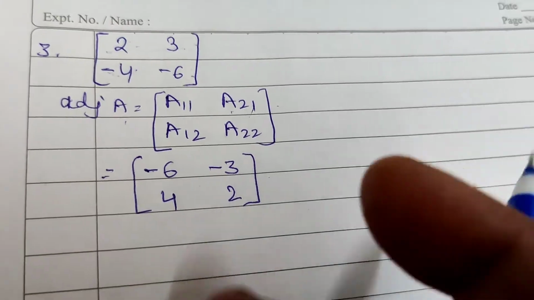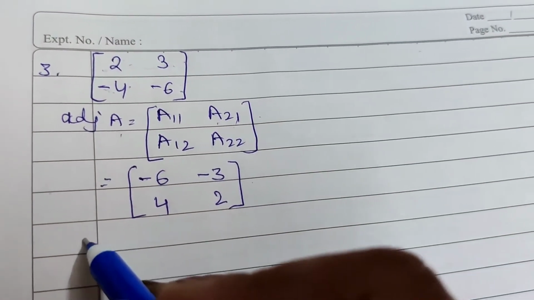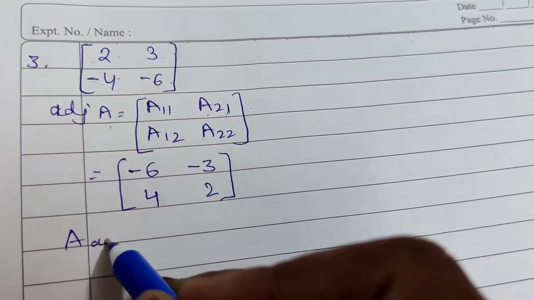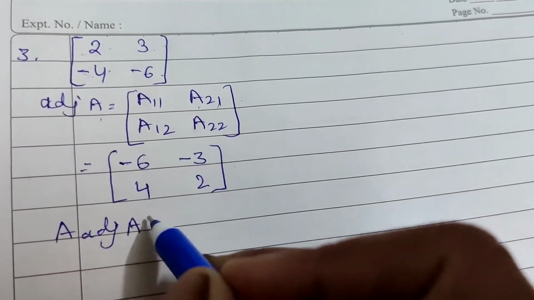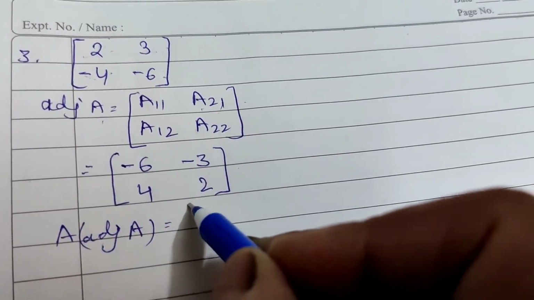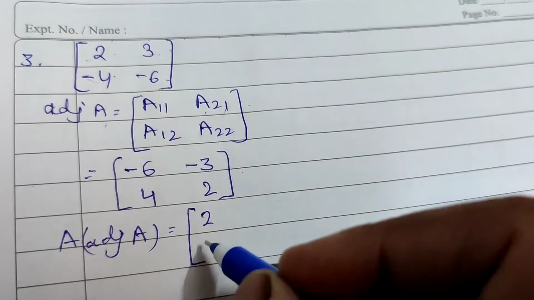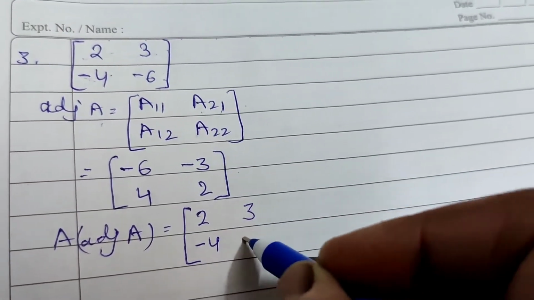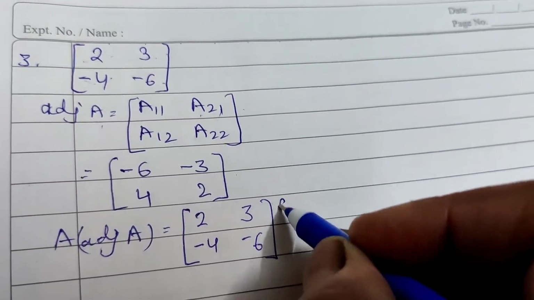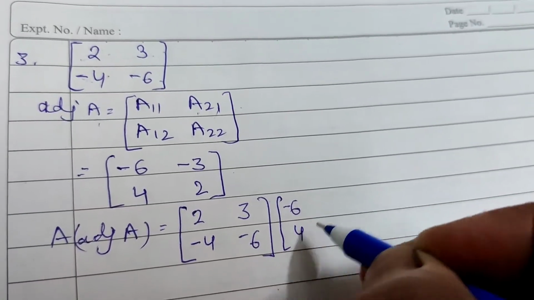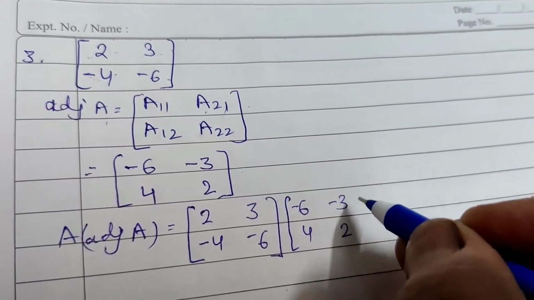Now multiply A into adjoint A. A is 2, minus 4, 3, minus 6, and adjoint A is minus 6, 4, minus 3, 2.